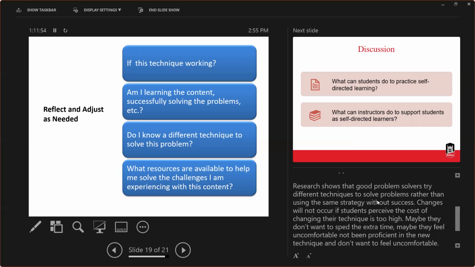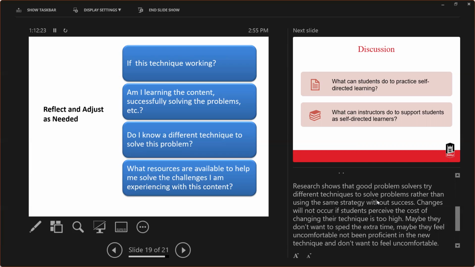And when we look at the research, it shows that good problem solvers will use a variety of techniques to solve a problem rather than continuing to use that same strategy that doesn't work. So good problem solvers will say, okay, you know what, this didn't work, so let me try this other way, or let me see if I can get a resource to do this in a different way.